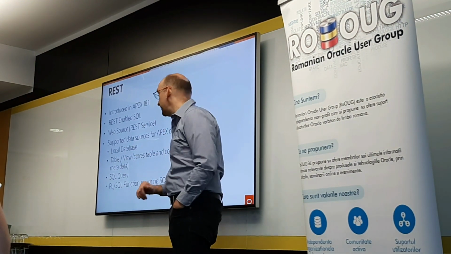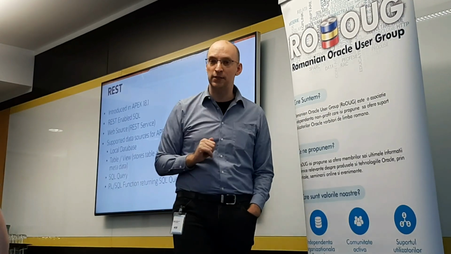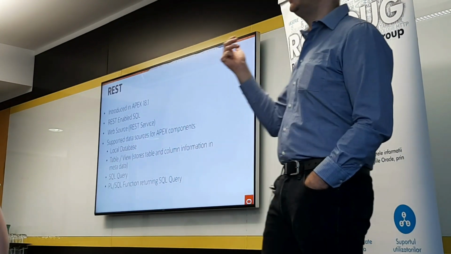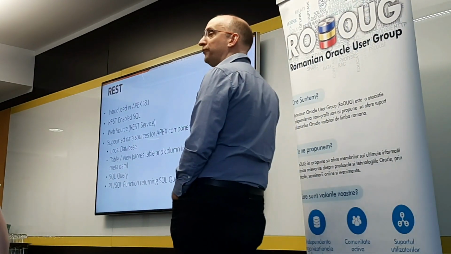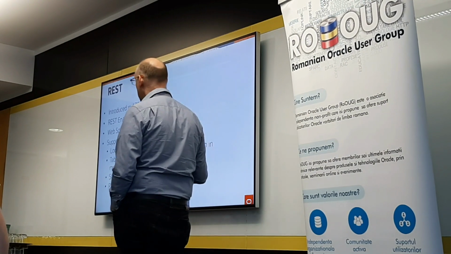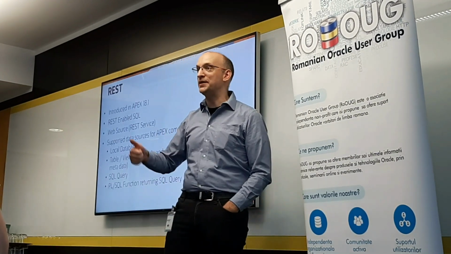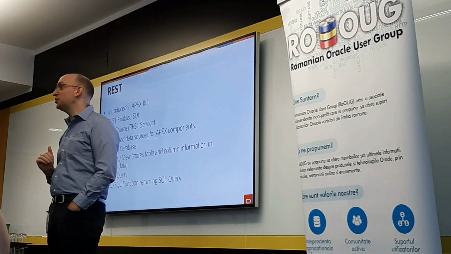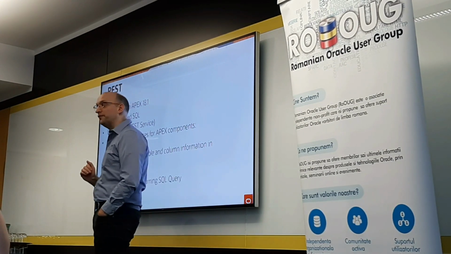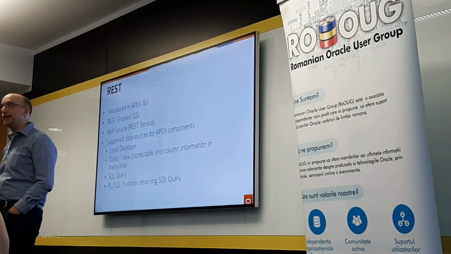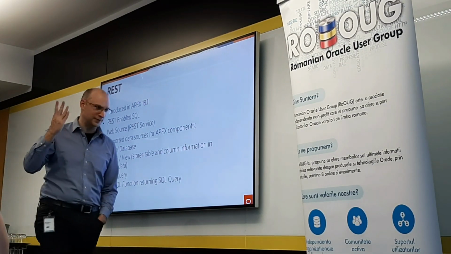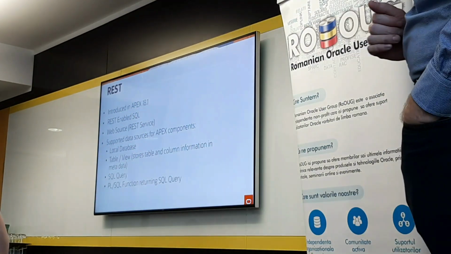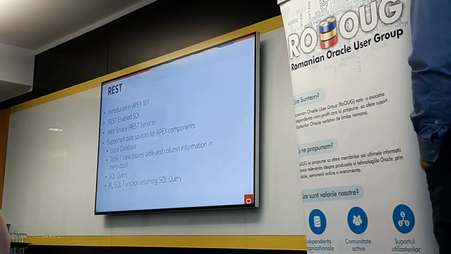And in 18.1, we introduced that support for read-only components: report, charts, calendar. In 19.1, we added support for form pages. In 19.2, we finished that story, at least for now, with adding support for list of values and for interactive grid. Actually, lists are still on my list for REST support, but that might take a bit more time.